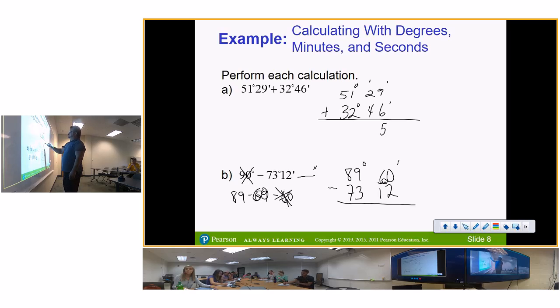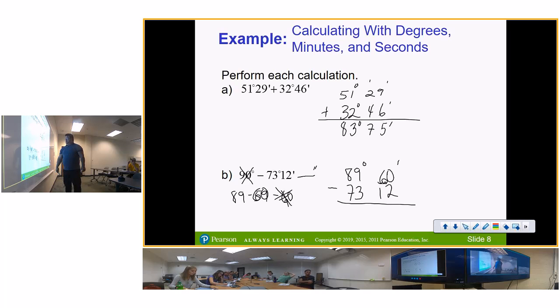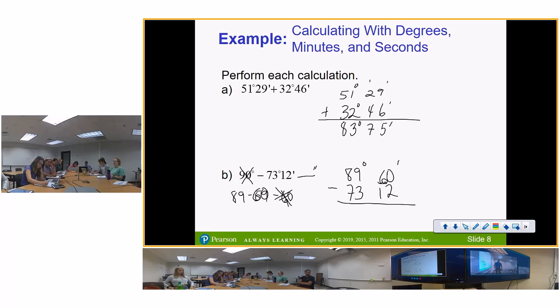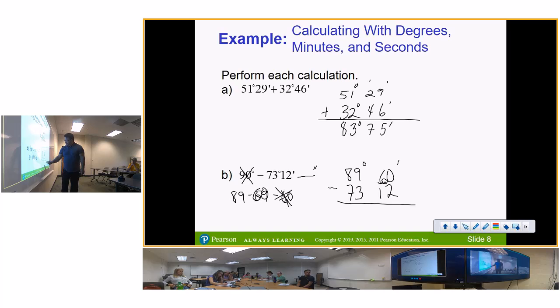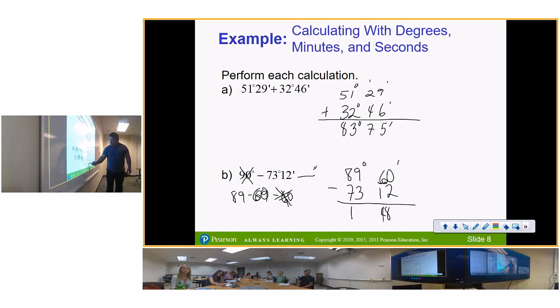Bring your 1, 7, 3, and 8. 60 minus 12 is 48. And 89 minus 73 is what? 16? Y'all check me. This one is good because 16 degrees, 48 minutes.